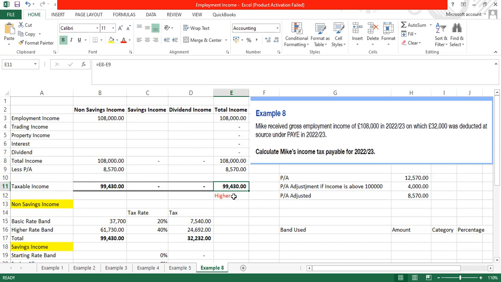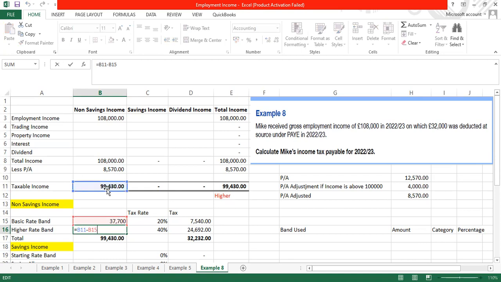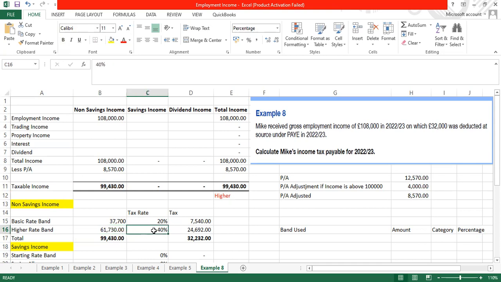Mike is a higher rate earner because his income is greater than 37,700 and less than 150,000. So in the basic rate band, we apply 37,700 at 20%. This is the tax of 7,540, and the higher rate band is 99,430 minus 37,700, which gives 61,730 at 40%.